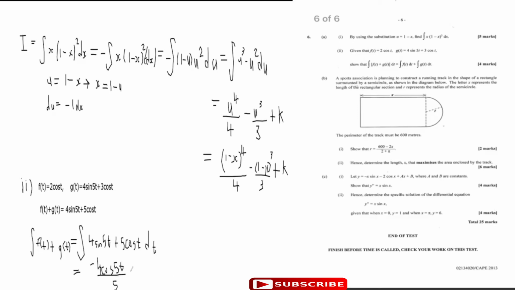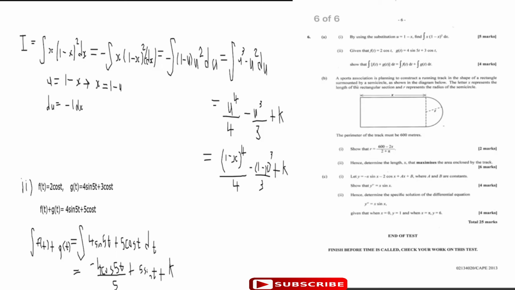But then when you integrate cos, you get sine. So you get plus 5 sine t plus some constant of integration. Let's call it k. So that's the integral of f of t plus g of t.